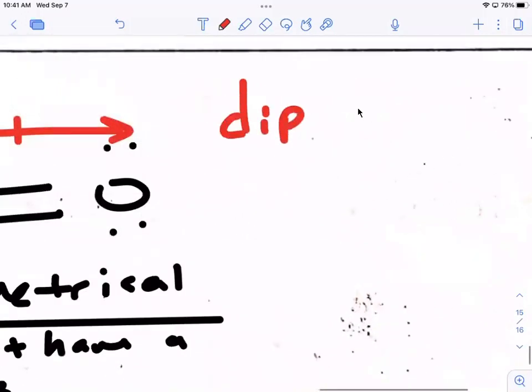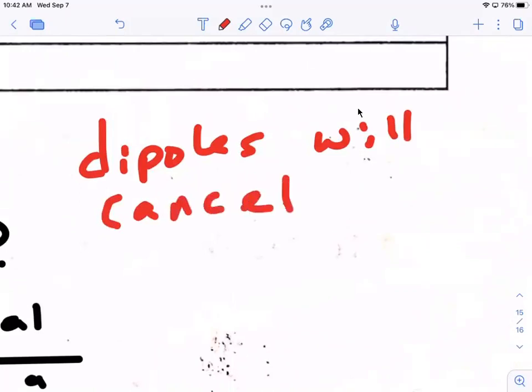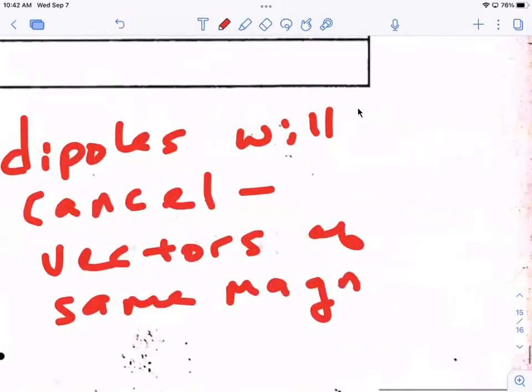Those dipoles are going to cancel because they're vectors of the same magnitude moving in opposite directions.